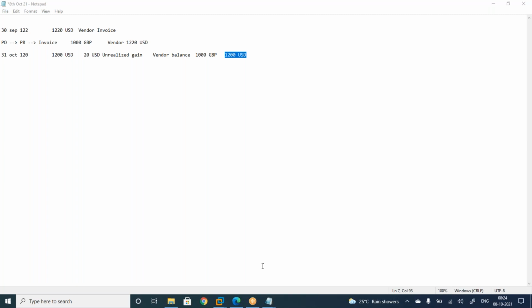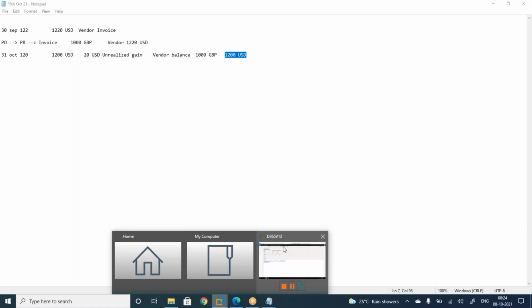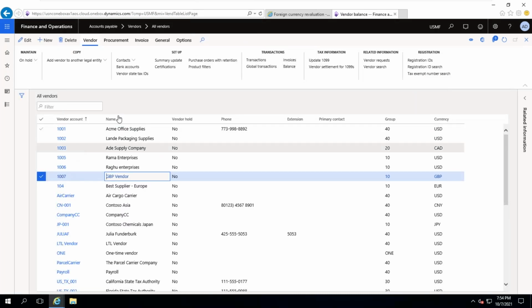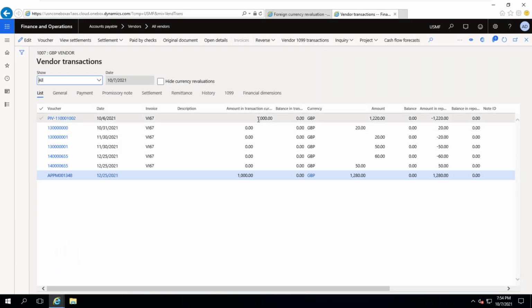Yesterday I showed in the vendor balance, if you remember, that if two transactions are there, at that time it will post only the first two transactions. Look at the transactions we discussed yesterday: 1000 GBP and 20.